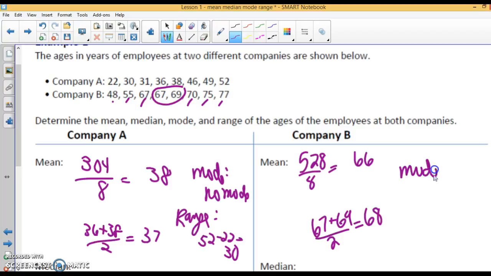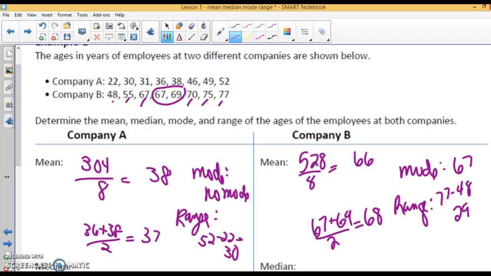Mode. It's the number that appears the most. We'll take a look at this list. 66 appears twice, so our mode is 66. Now, if 77 also appeared twice, I would have two modes, 66 and 77. But in this case, it's only 66. Range is the highest minus the lowest, so I have 77 minus 48 is 29.